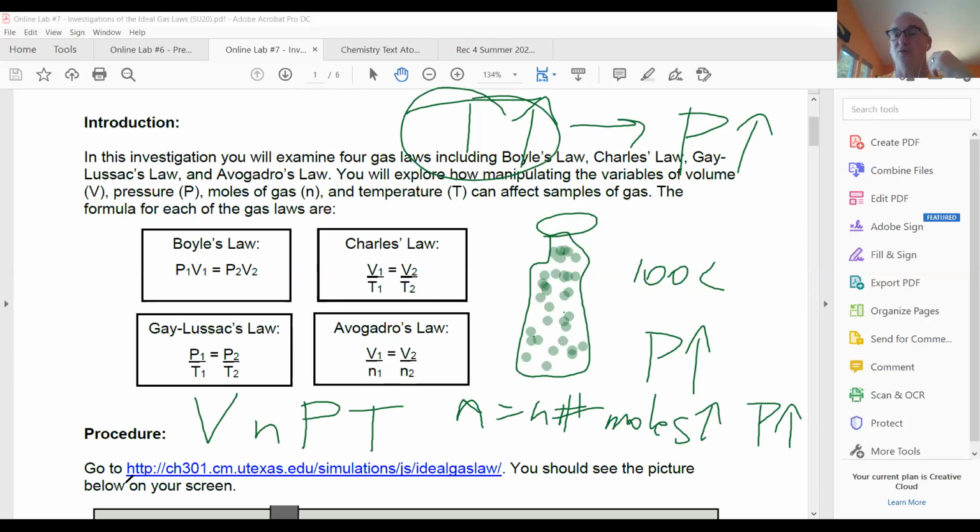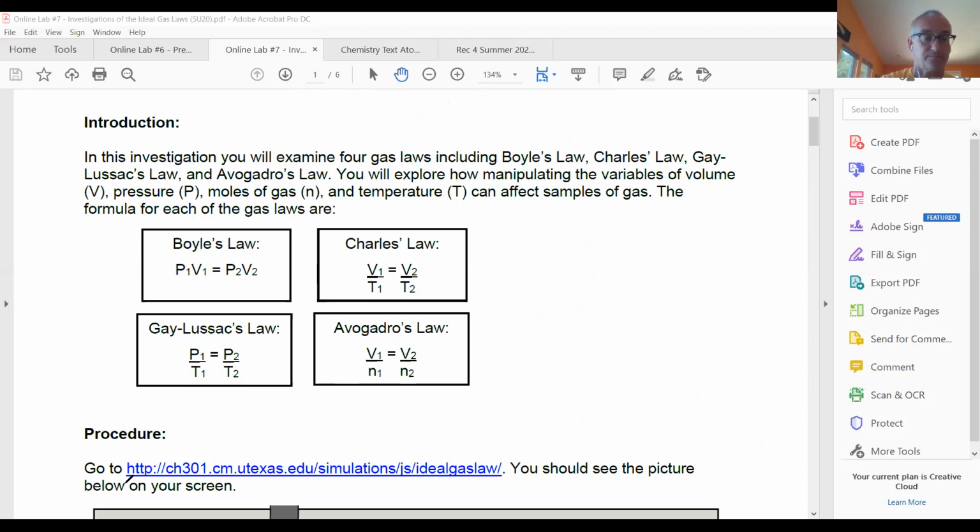So these are basically the four things we're looking at when we deal with gases. The volume, basically the amount of gas, the pressure, and the temperature. So these are the four things that you're going to be varying and see what effects they have on each other. So basically what you're going to be doing in this experiment is deriving the gas laws yourself. So have a look, and we'll see what these gas laws are.